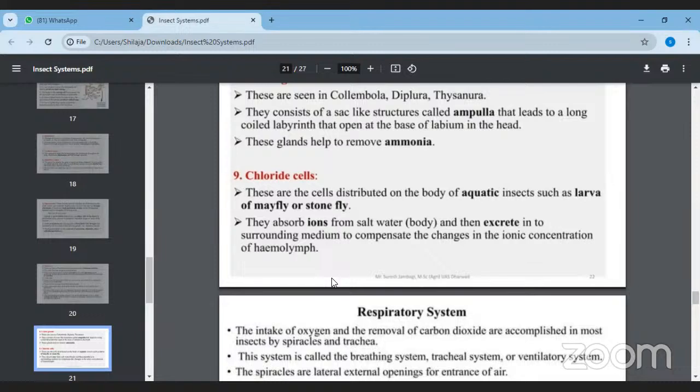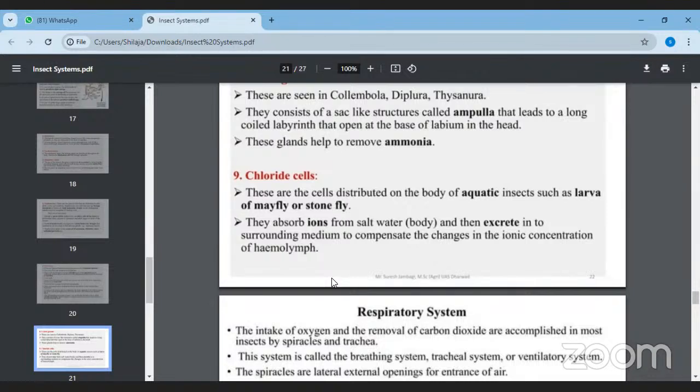We'll discuss respiration. As a part of respiration, we have discussed circulation. While doing the circulation, whatever respiration we have been discussing is about the ostia and trachea.